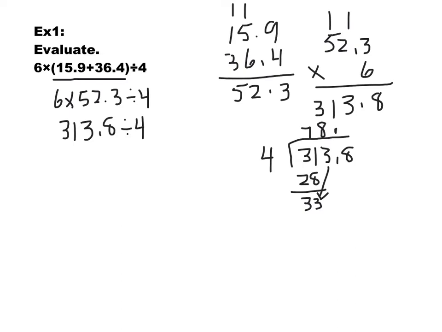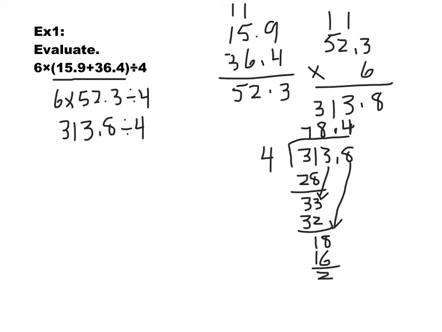So 8 times 4 is 32. 33 minus 32 gives me 1. Now I bring 8 down. 18 divided by 4 gives me 4. 4 times 4 is 16.